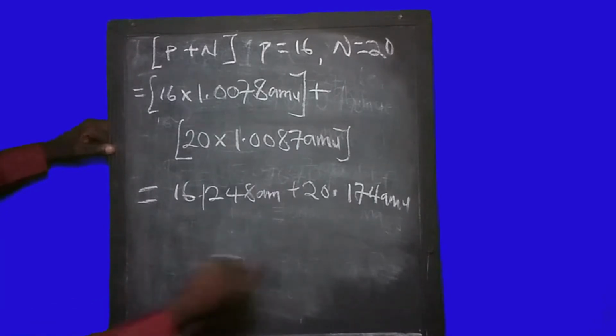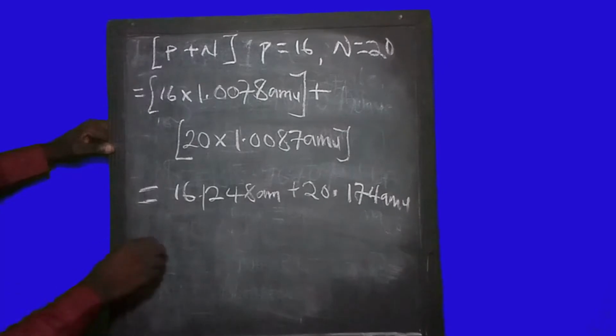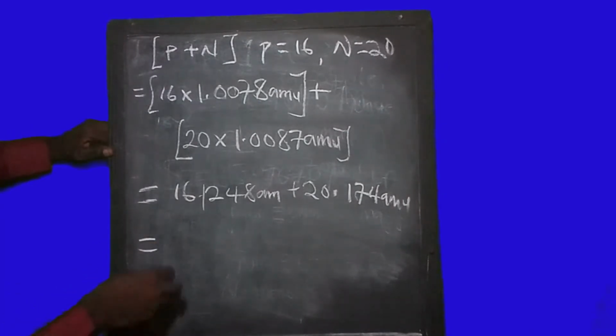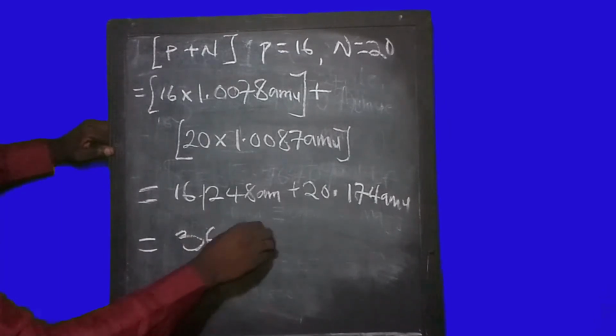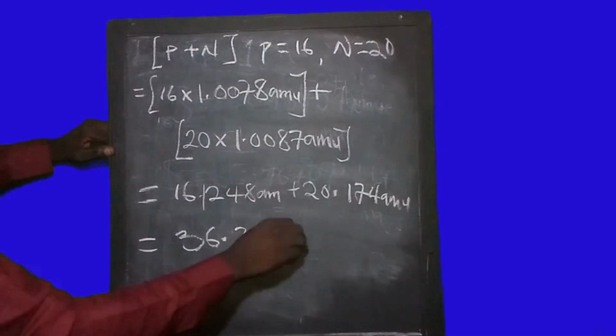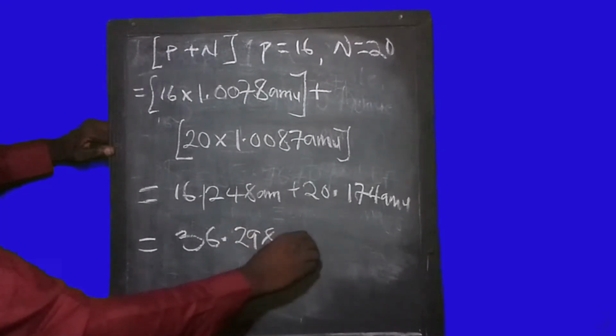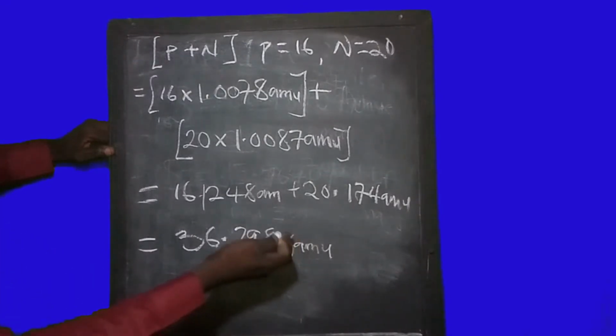So here is what you are going to get. As we have cleared the bracket, you then add them together. After summing them, you are going to have 36.2988 AMU.